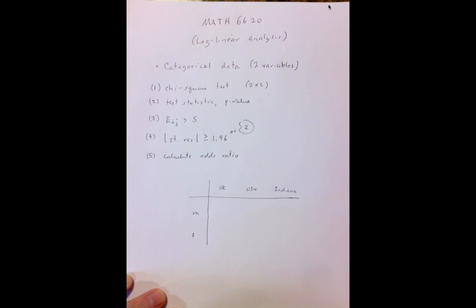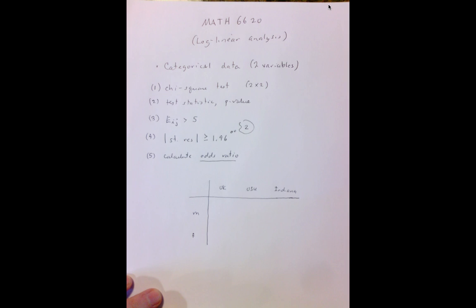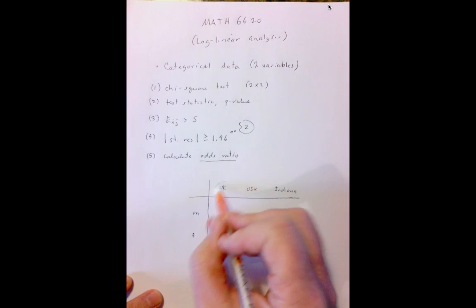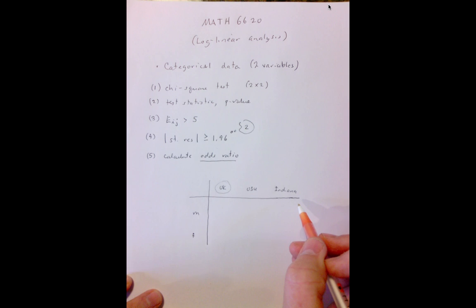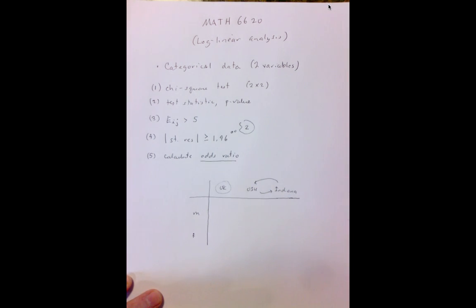The way I calculated odds ratios in the previous video, we couldn't make this happen. So what you would probably want to do here is combine a couple of categories. It would depend on the focus. I'm a UK fan, so it's kind of like UK versus the world. So I would probably want to combine these two and make it UK versus Ohio State and Indiana combined. Maybe not. It would really depend on what you want to look at.